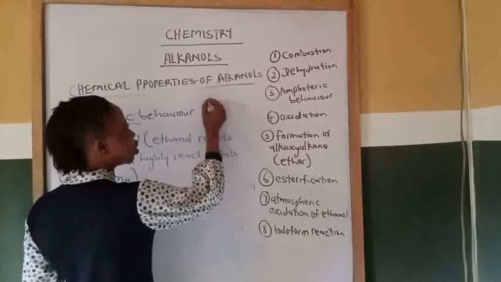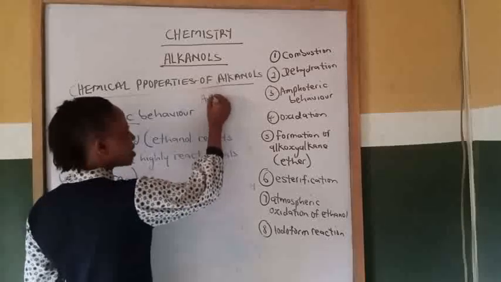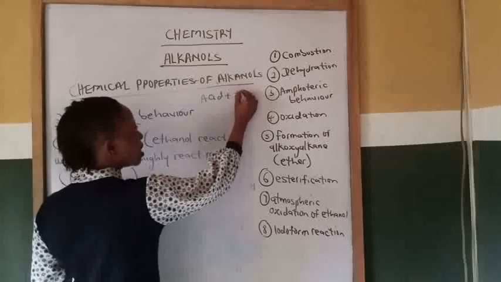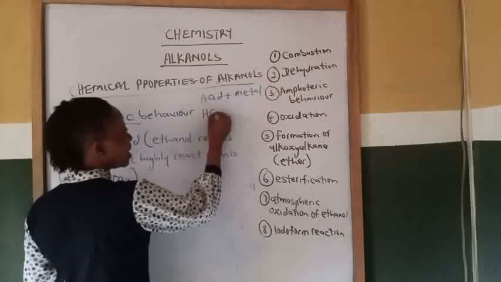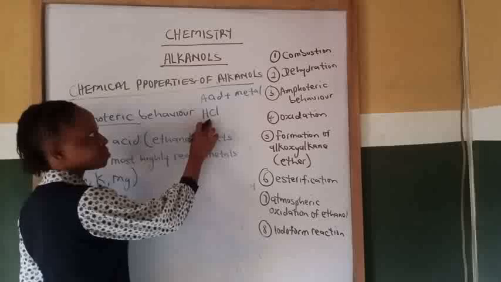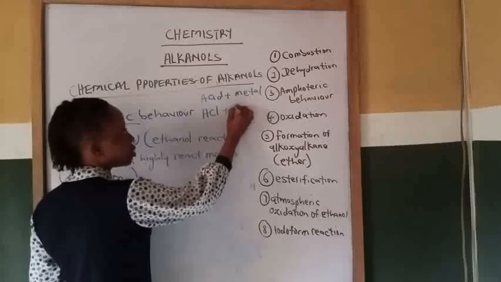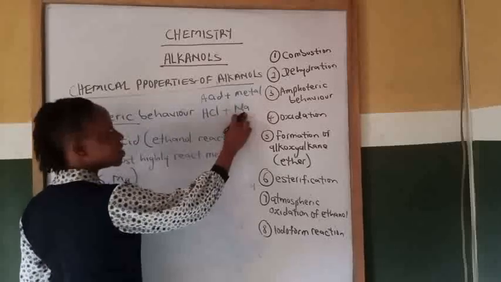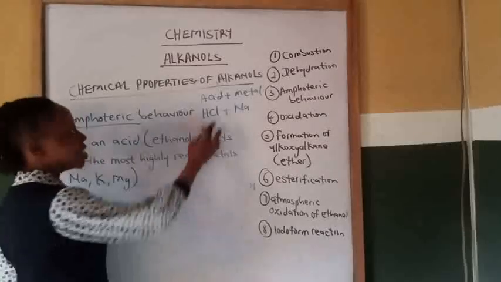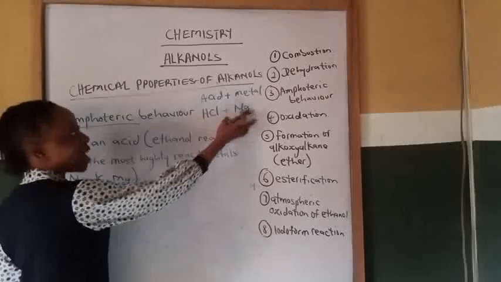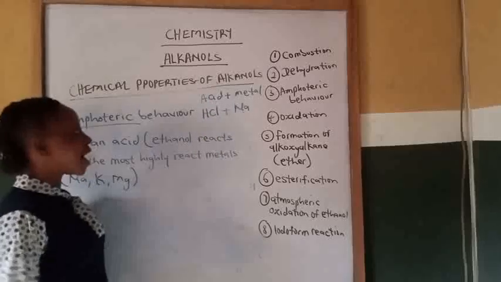Let's take for example, HCl is an acid, plus a metal, sodium. Sodium is a metal. So this metal will displace hydrogen from this acid and occupy the position of hydrogen.